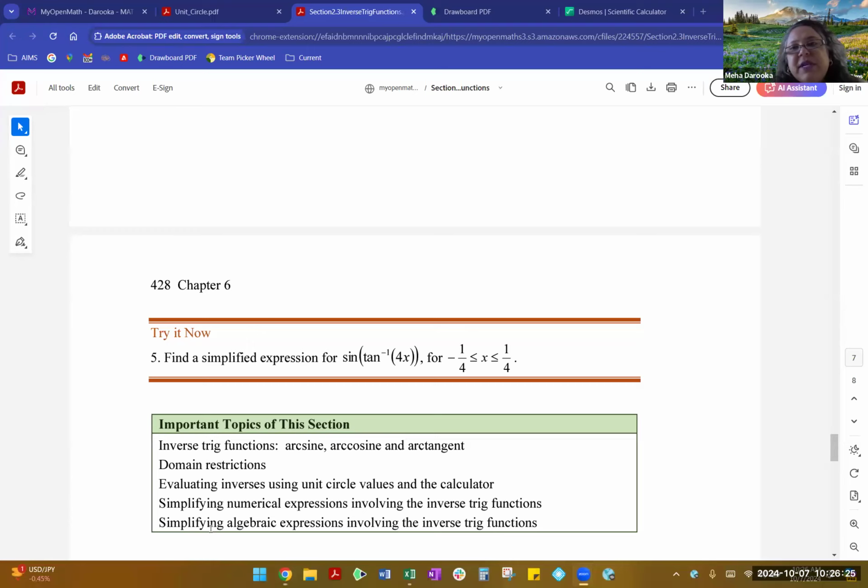So what would be the relationship between the sine and the tangent function? And like you did before, we can rewrite that as tangent of theta is equal to 4x.